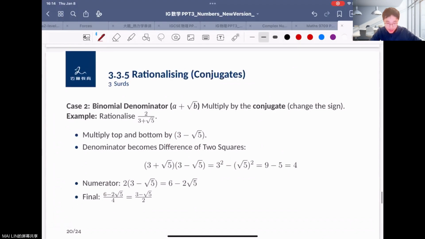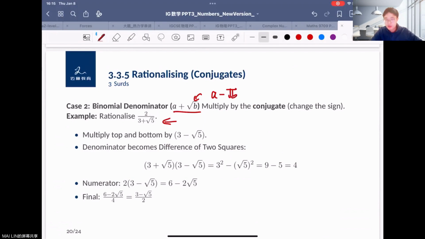Okay, and for the conjugate, this is a little bit more difficult. We have a plus square root b, and here we have 2 over 3 plus square root 5. We define the conjugate of a plus square root b as a minus square root b.